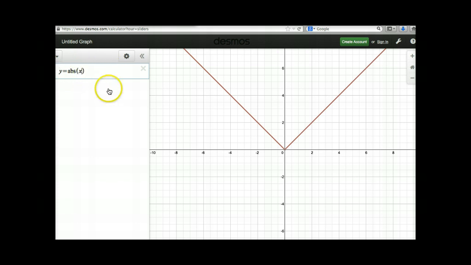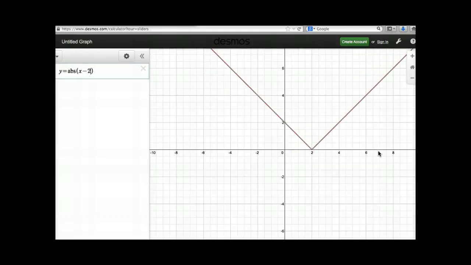Well, it's going to be in here with x, so I know that this whole graph is going to either shift left or shift right. So I want you to make a prediction. Which way do you think it's going to shift if I write it as x minus 2? Okay, let's see if your prediction is correct. So x minus 2. Is that what you predicted? It shifted to the right 2.